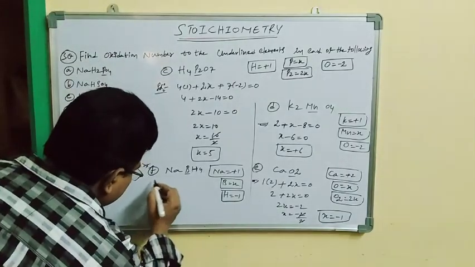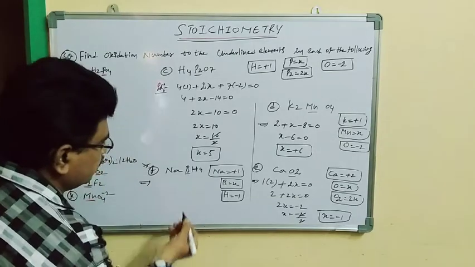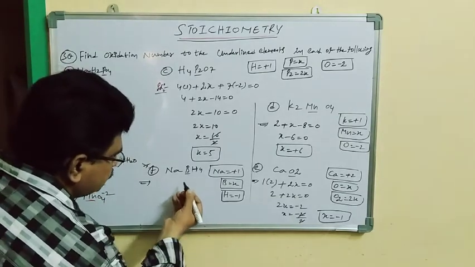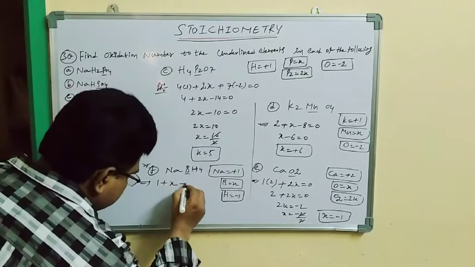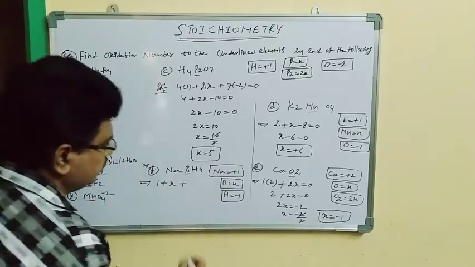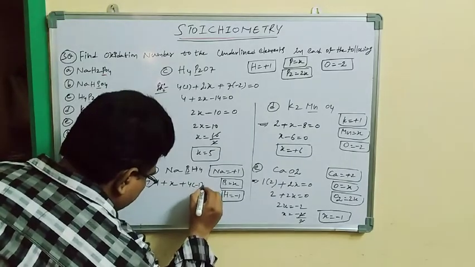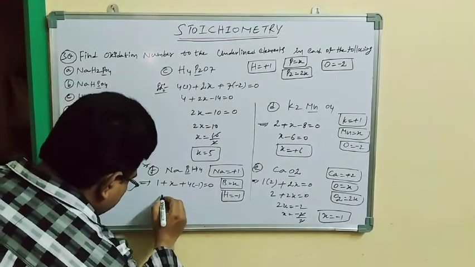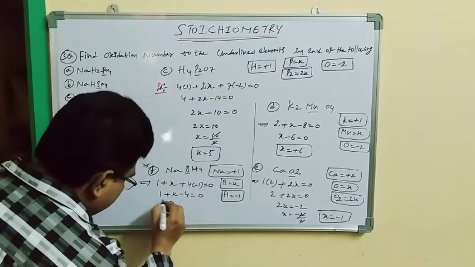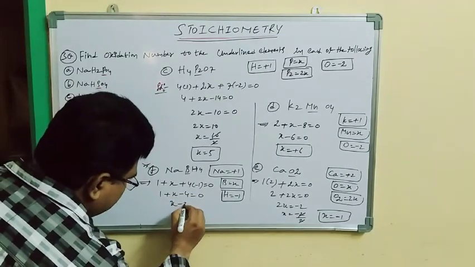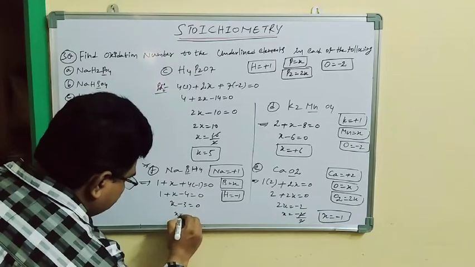Substituting here. Sodium charge 1 plus X plus 4 into -1 equal to 0. 1 plus X minus 4 equal to 0. So +1 minus 4, X minus 3 equal to 0. X is equal to +3.